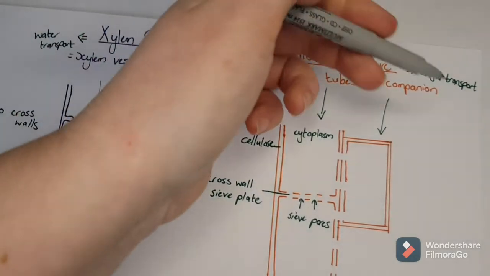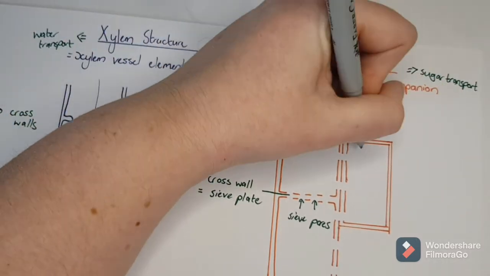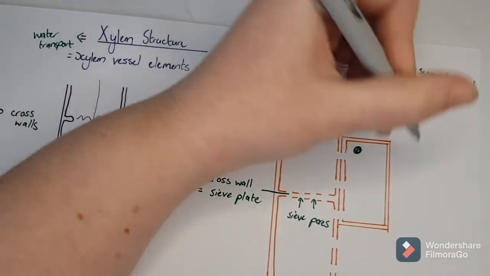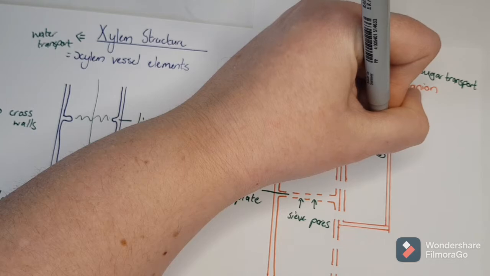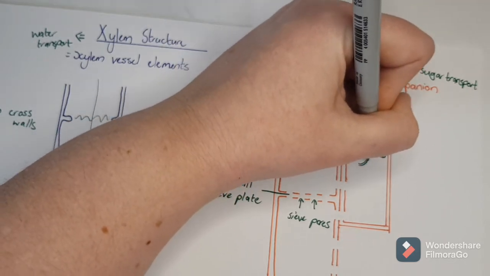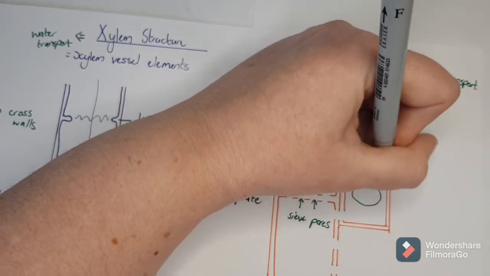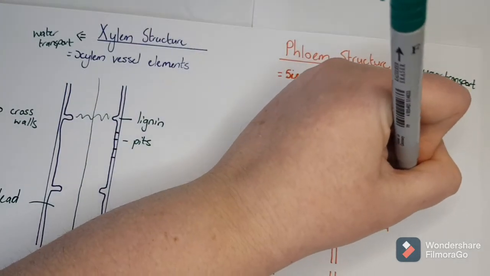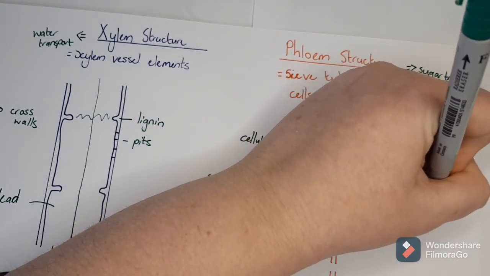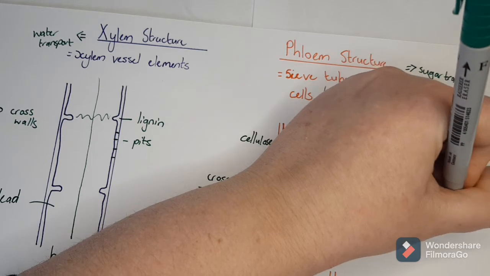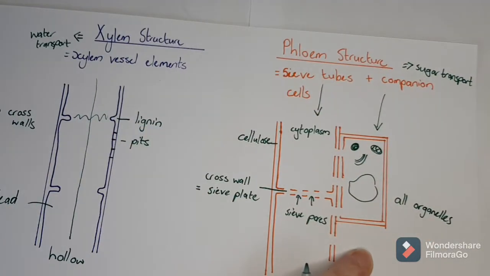So in the companion cell, we are going to have a nucleus, mitochondria, ER, Golgi apparatus, vacuoles, all the organelles that we normally would find in cells are going to be in this companion cell.